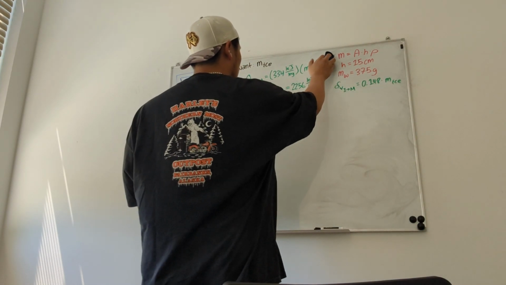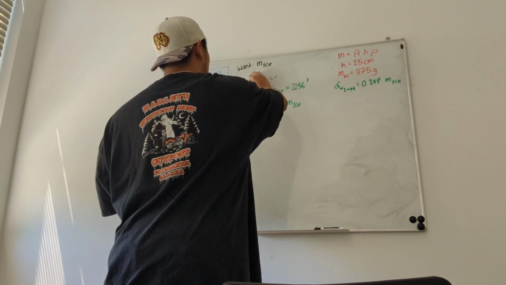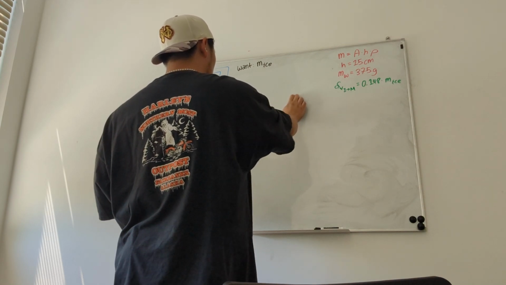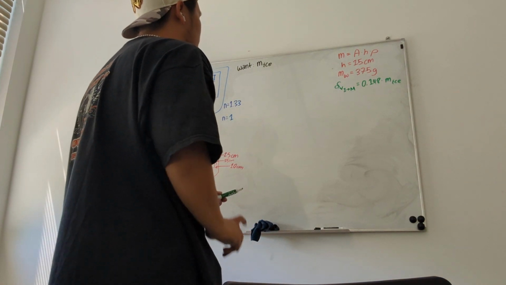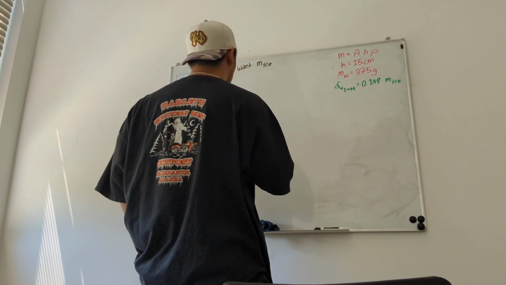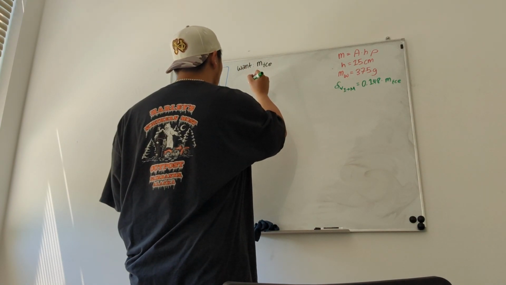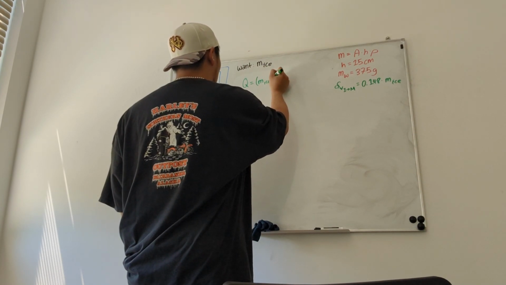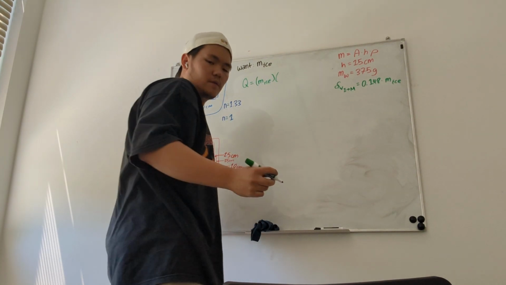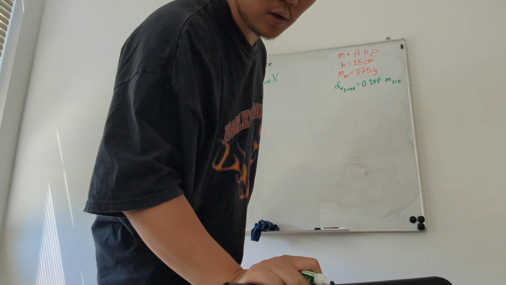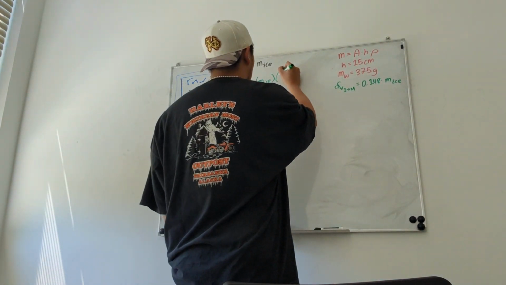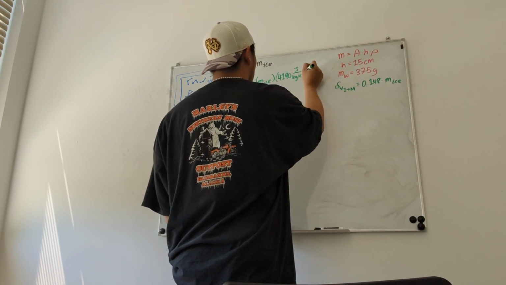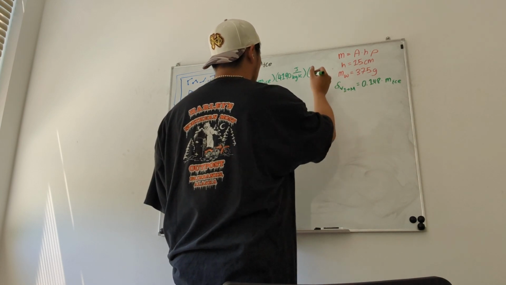Let's do the same with the middle step to the equilibrium. Well, we're not going to use the same equation because we actually have a temperature change. So we're going to use Q equals mc delta T. Specific heat capacity of water is 4190 joules per kilogram Kelvin, and our temperature difference is 100 minus 0, which is just 100.